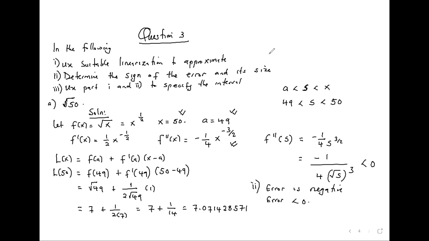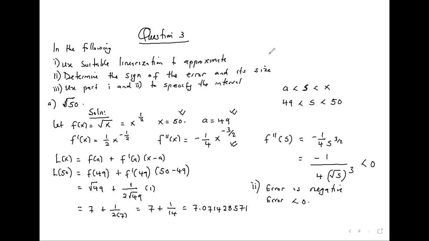Because it's root and we are dealing with 50, whose root we don't know, you say, okay, because I'm approximating this root, what I will do is pick the closer number to 50, whose root I know. So we pick 49 and then use it in the linearization. You find the number. After I find this number, I keep it.